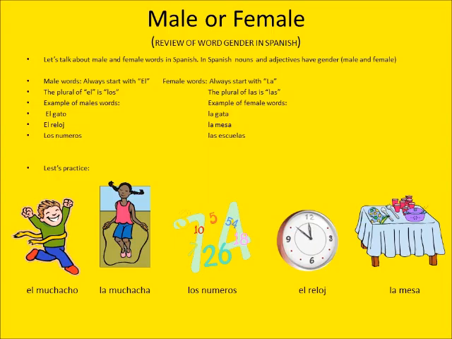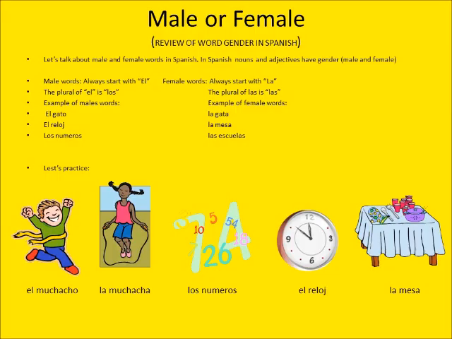Then you have el reloj, which is an object, but in Spanish that word is male because it starts with el. Also you can see here it doesn't end in o, it ends in j. That's why we say most of the male words end in o. And then you have los números.